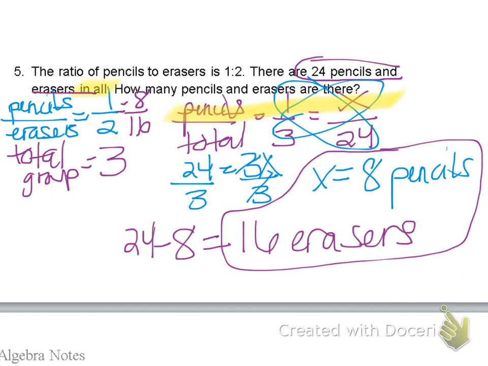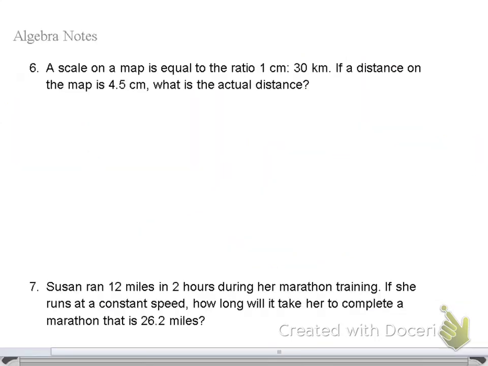Okay, moving on to example number 6. A scale on a map is equal to the ratio 1 centimeter to 3 kilometers. I always like to write it as a fraction. If a distance on the map is 4.5 centimeters, what is the actual distance?